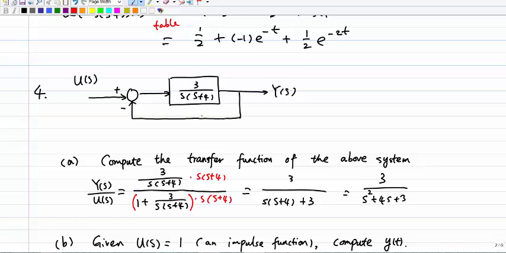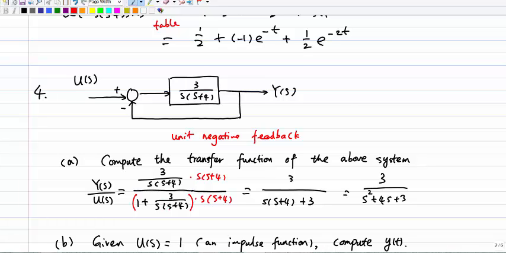The system is a unit negative feedback loop for the block, so I can use the property for unit negative feedback: whatever we have over here divided by 1 plus whatever is over here. So it is 3 over s plus 4, divided by 1 plus 3 over s times s plus 4.